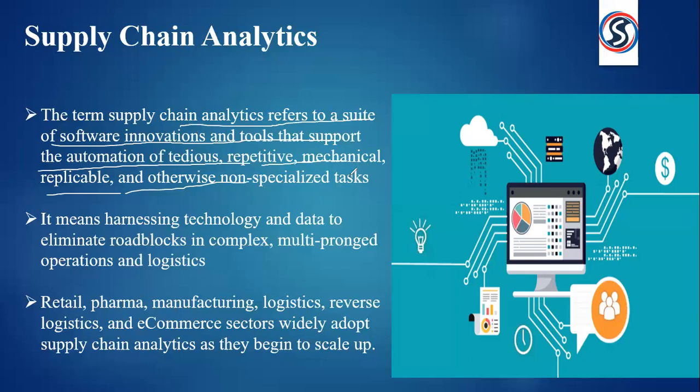This includes the supply chain execution systems for procurement, inventory management, order management, or what we call warehouse management, and also for fulfillment and transportation management, including shipping.